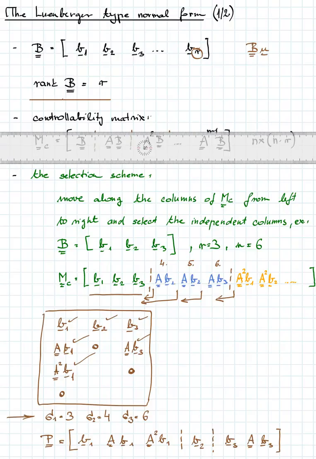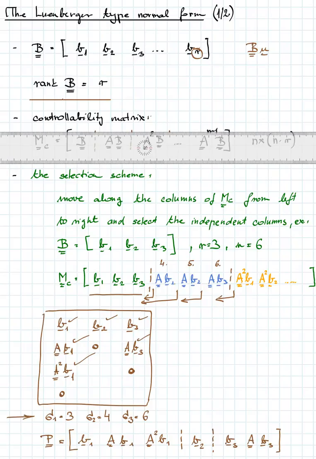One more important thing. P contains the linearly independent column vectors of the matrix MC. And the most important thing which I highlight here again is the independent.